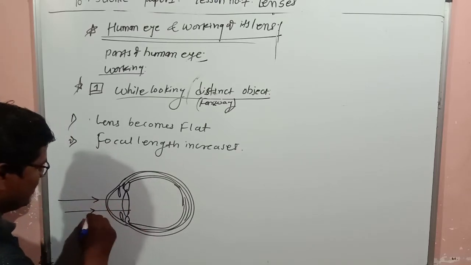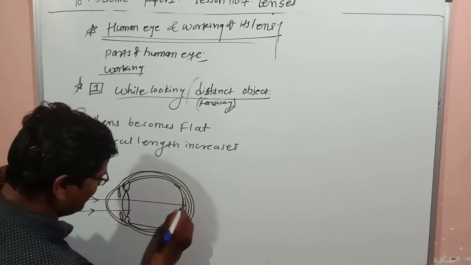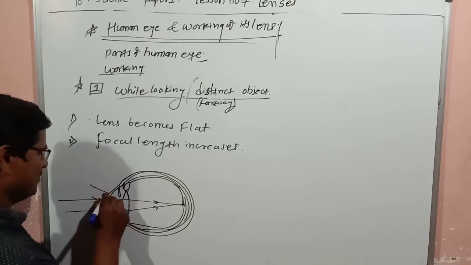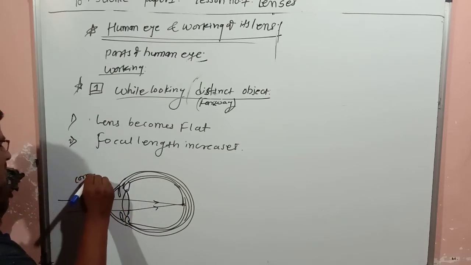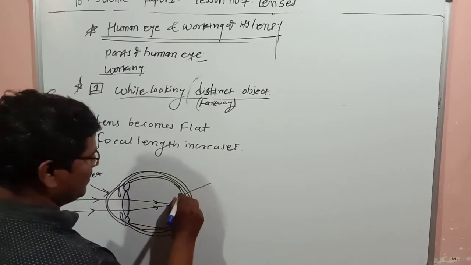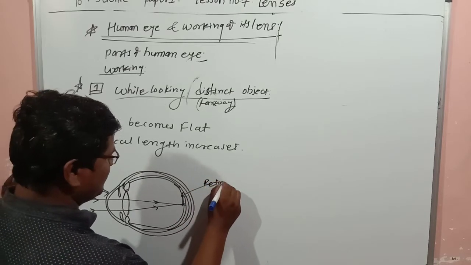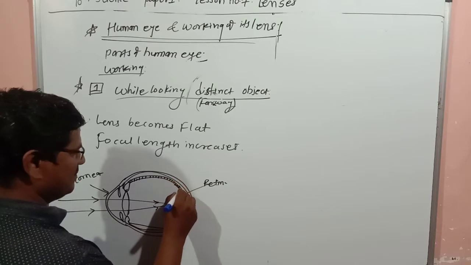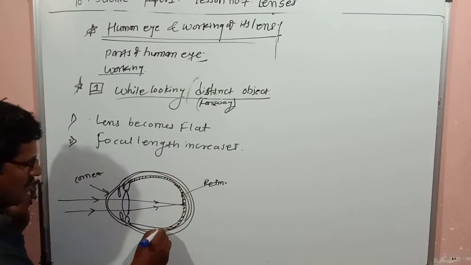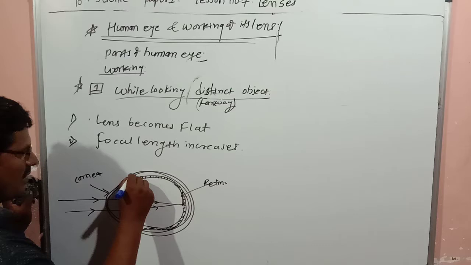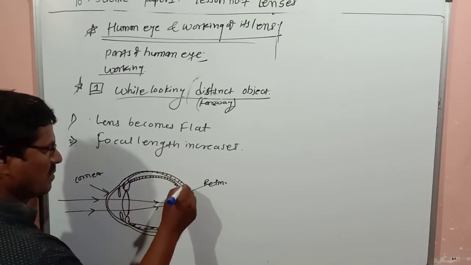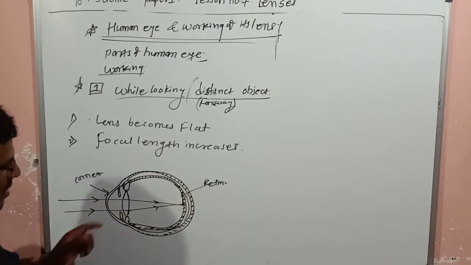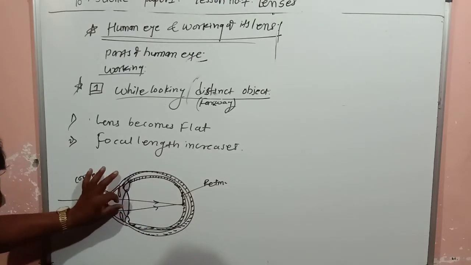Distinct object means light rays are coming parallel to the principal axis, so they will converge here. This will be the cornea, this will be the retina. So it is becoming flat.